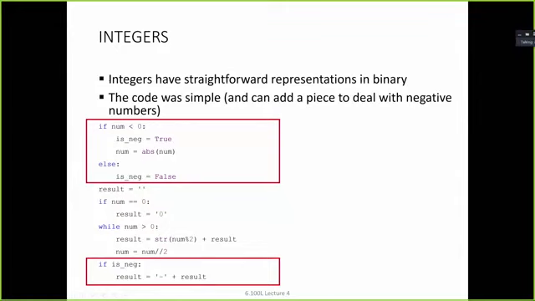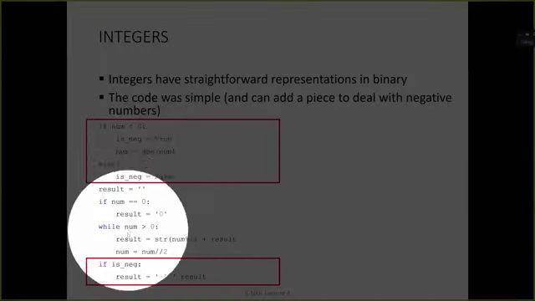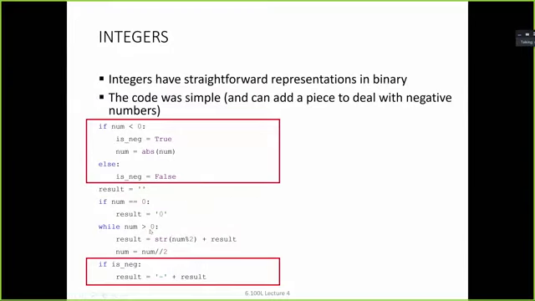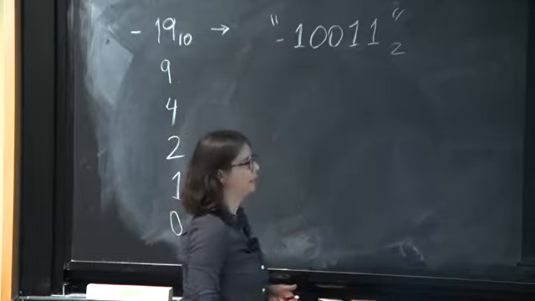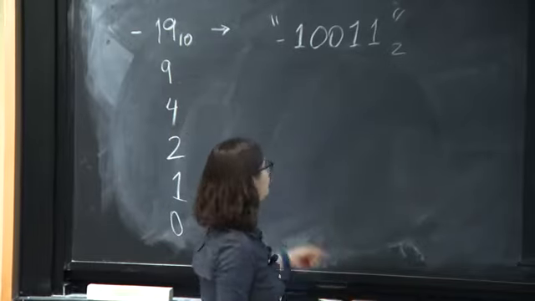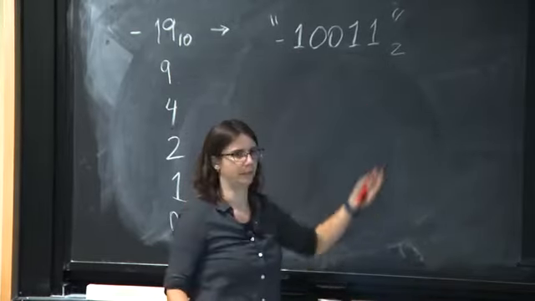So we convert that negative 19 to the absolute value of itself, positive 19. This code goes through as if the user had given us a positive number, and then at the end, we would get the same number as before, except that we're going to prepend a negative sign. So the binary representation of negative 19 is just negative the same thing.